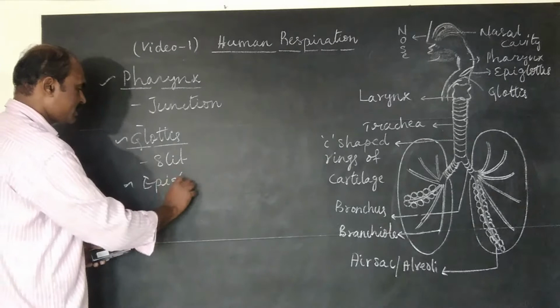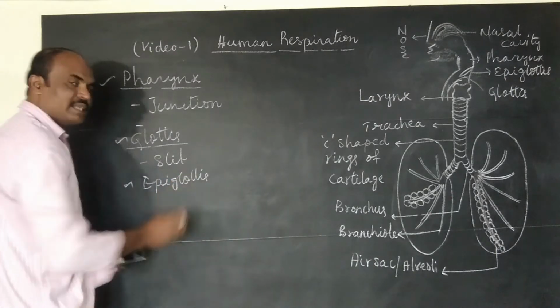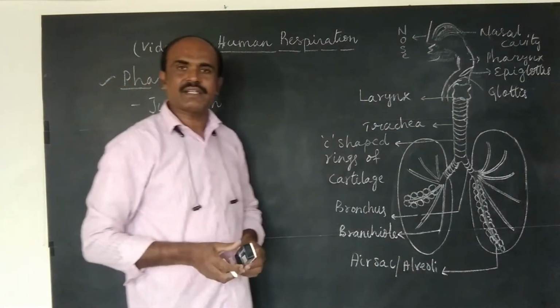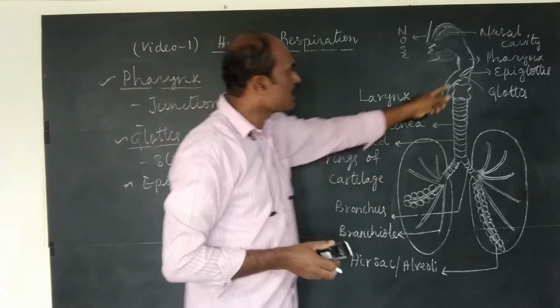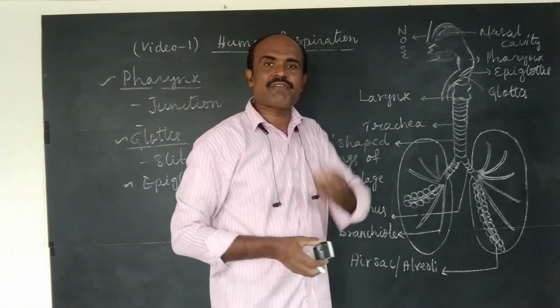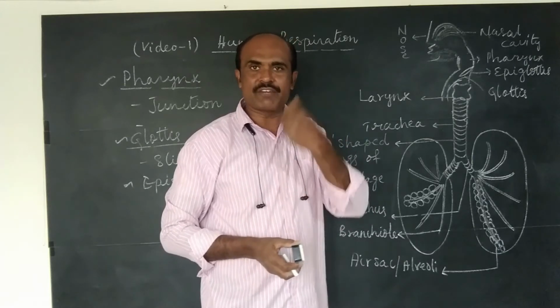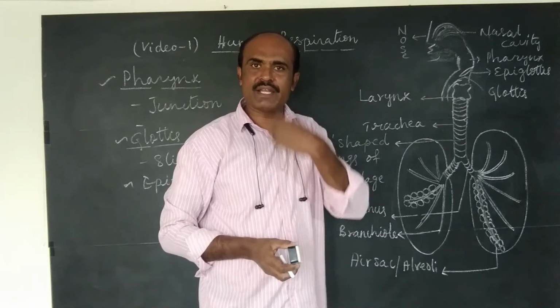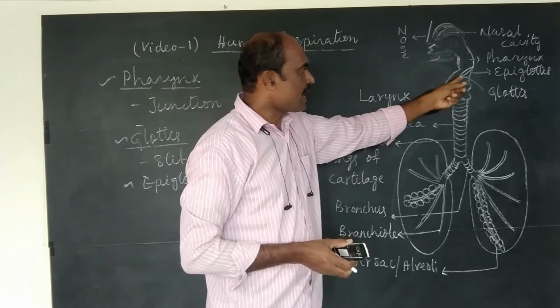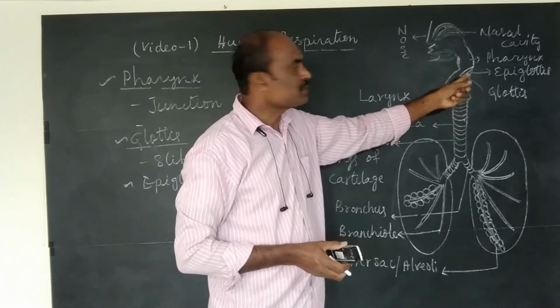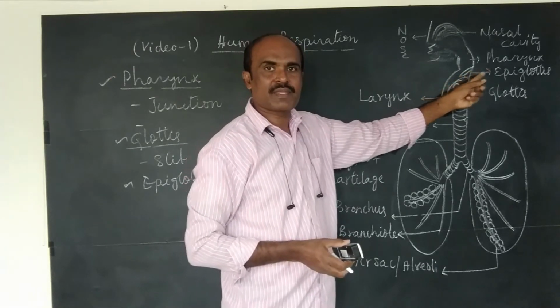Epiglottis is a cartilaginous structure which helps in closing the glottis when we take in food material or when we swallow water. Any liquid, when we swallow it, the glottis is closed by epiglottis.